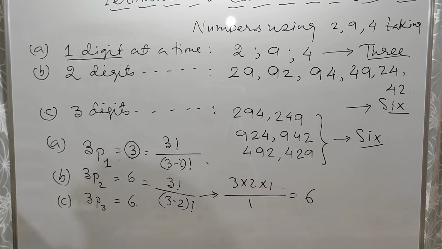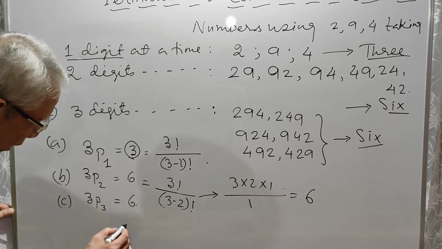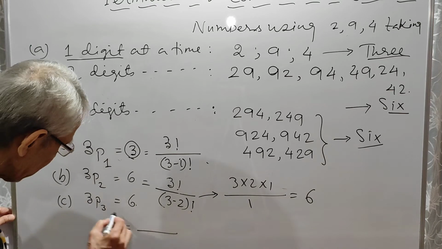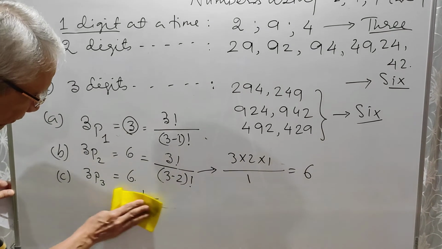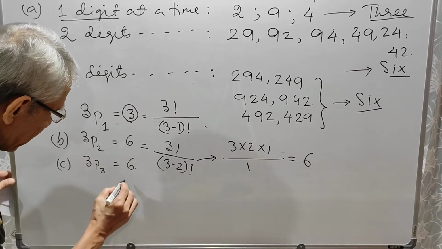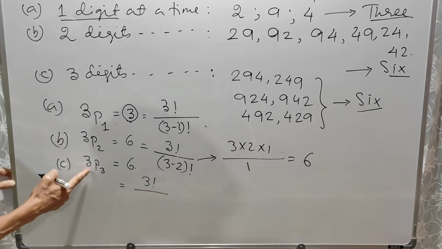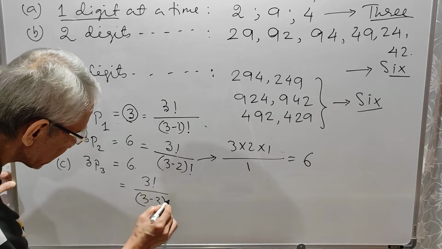You see. Similarly, this one. So this 6 we can write as factorial 3 by 3 minus 3 factorial.